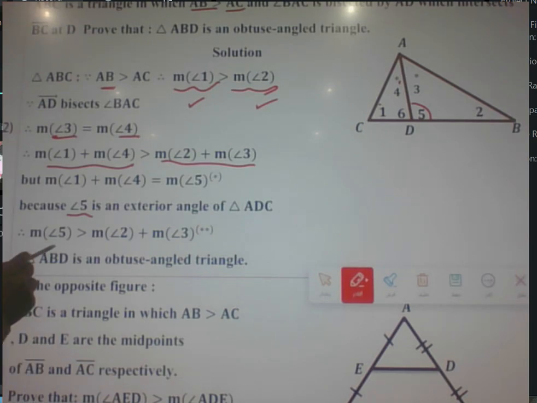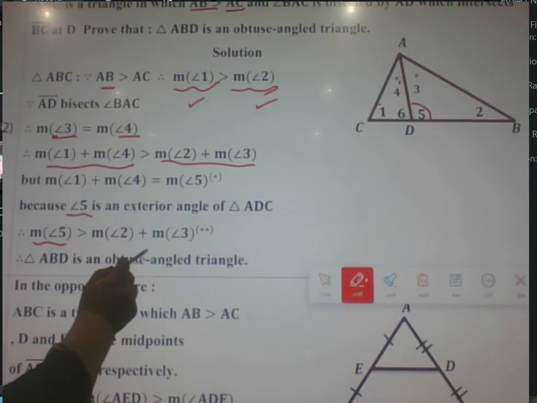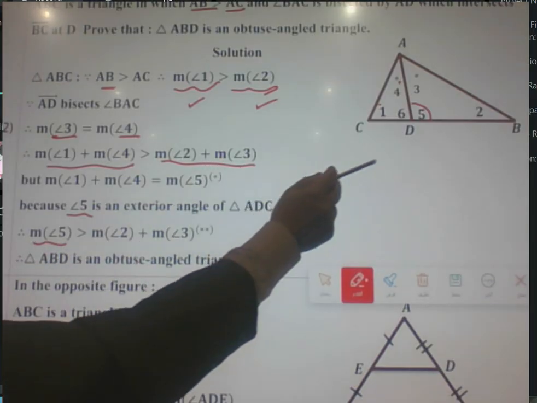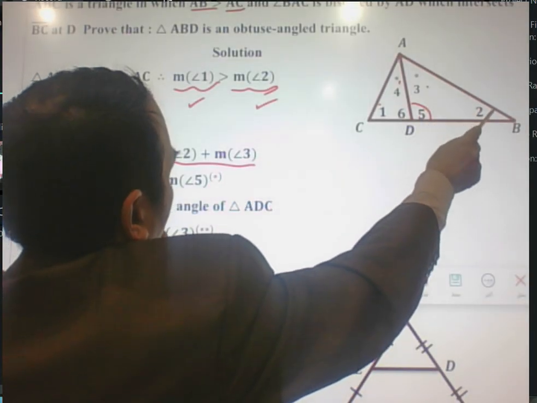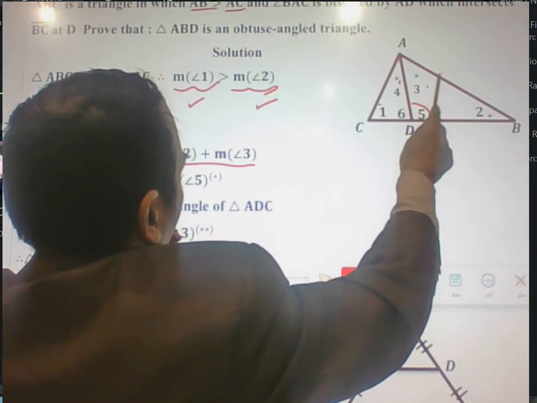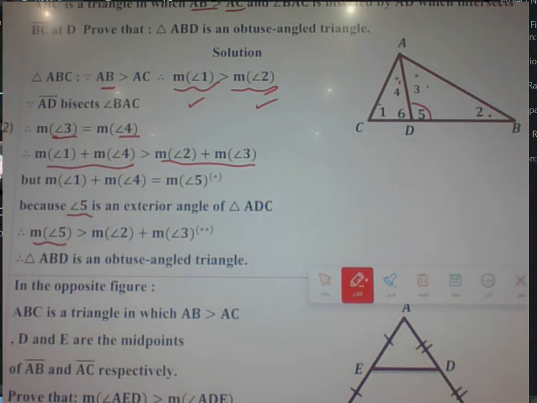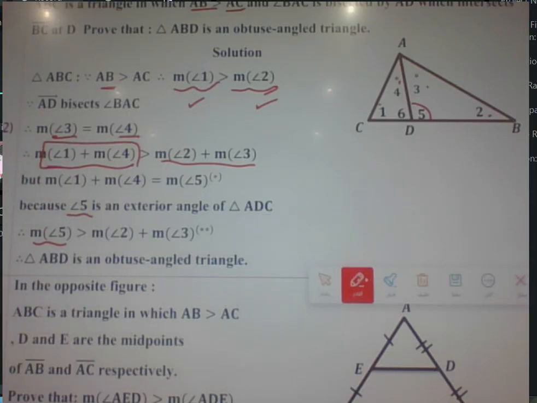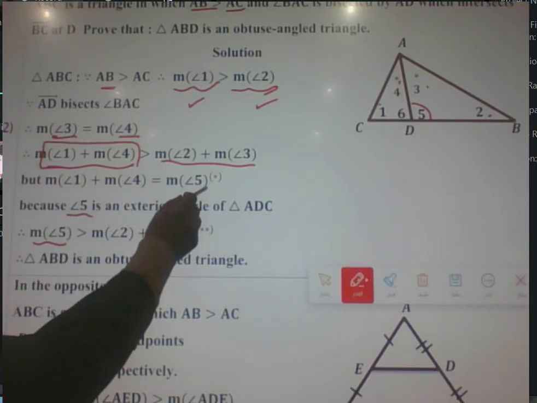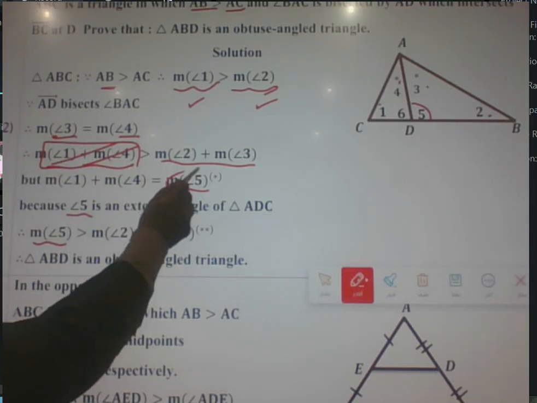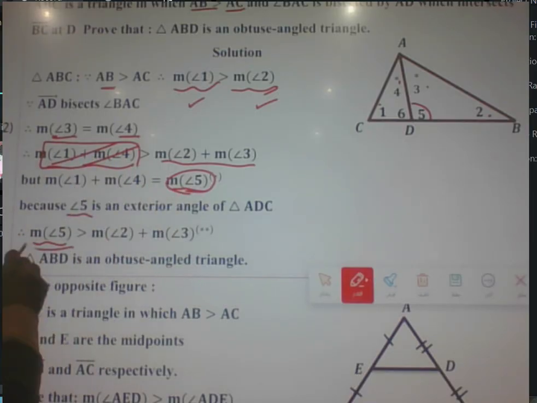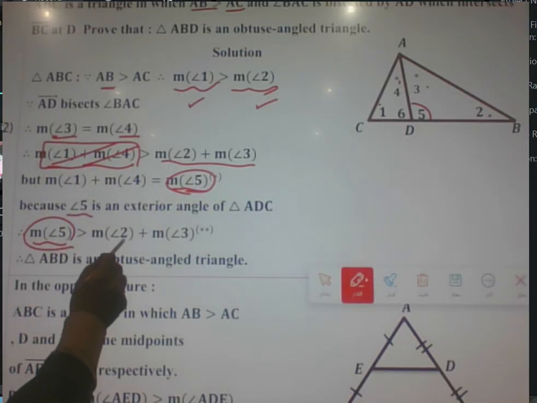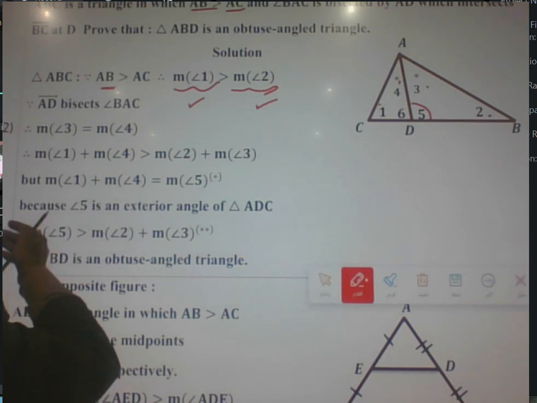Then the measure of angle 5 is greater than the measure of angle 2 plus 3, because 2 plus 3 is less than 1 and 4. 1 and 4 equal 5, so you can cancel this and write the measure of angle 5 here. The measure of angle 5 is greater than the measure of angle 2 plus the measure of angle 3.